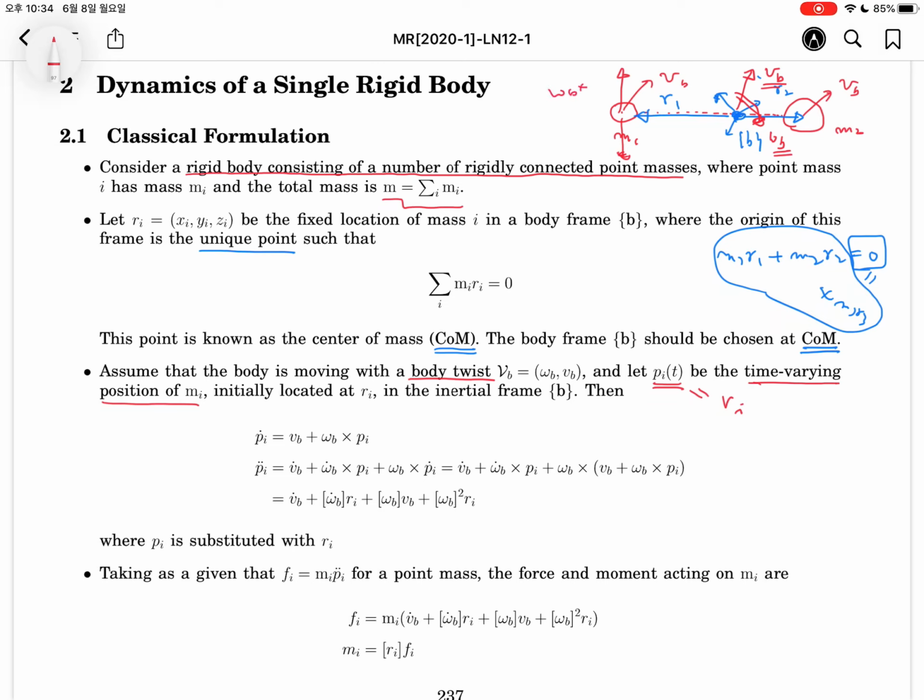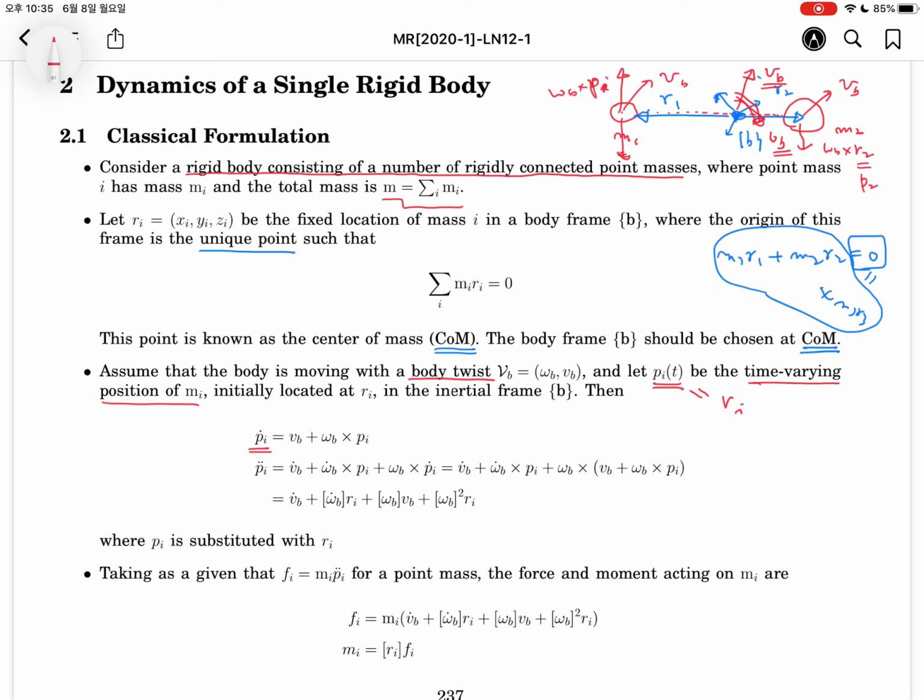Omega b cross R1, maybe P1. How about that? Maybe omega b cross R2 or P2. Like this, we can write down the linear velocity of each mass: Vb plus omega b cross pi.